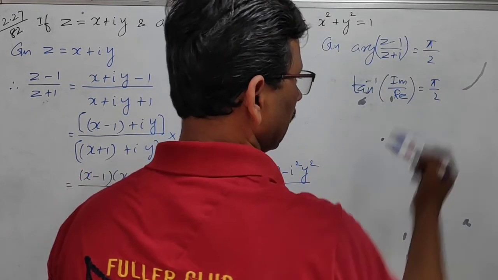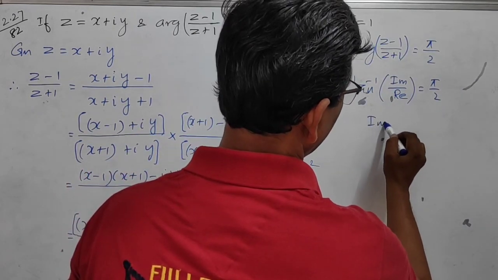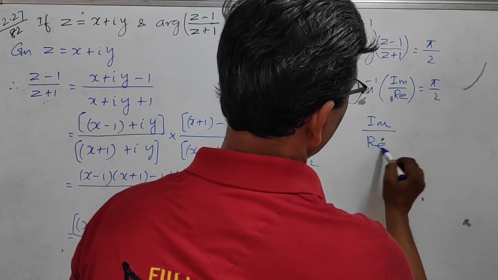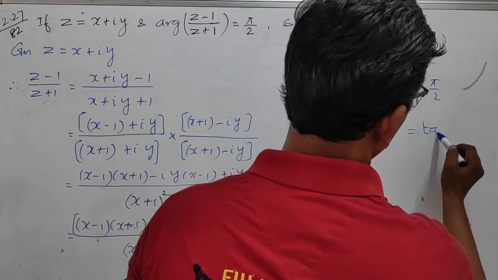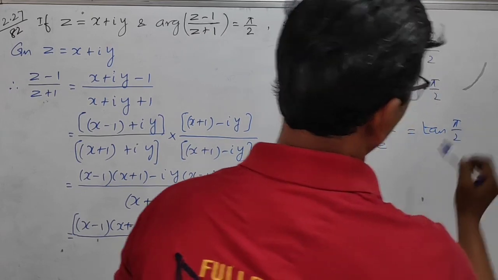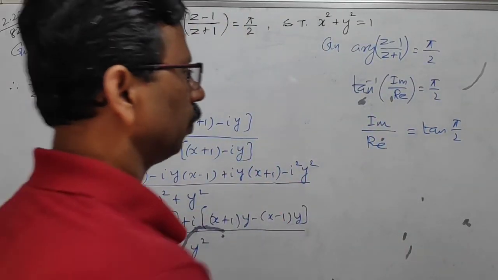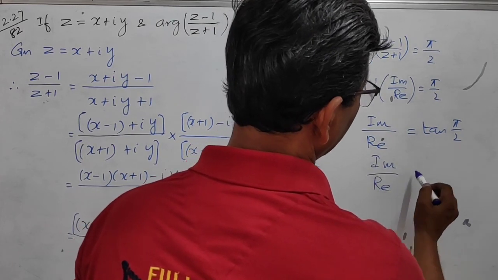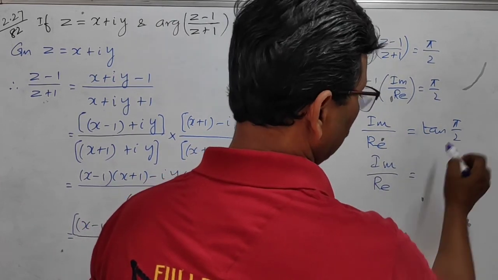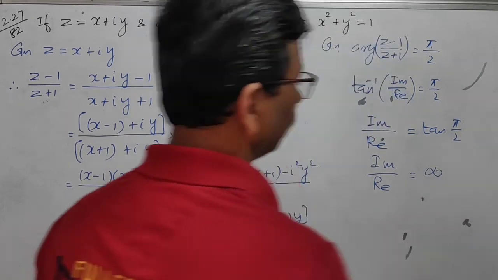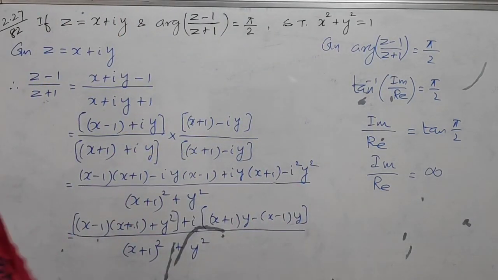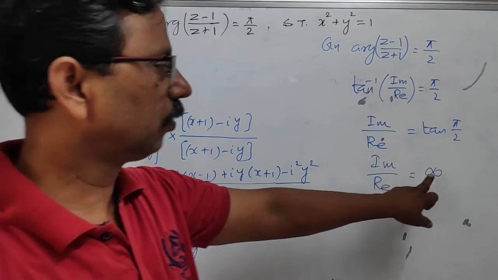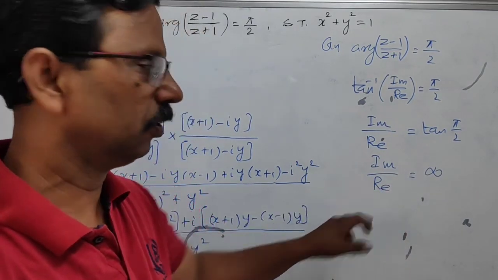This tan inverse can be taken to the right hand side, that is imaginary part by real part is equal to tan pi by 2. Tan pi by 2 is what? Indeterminate. This fraction gives the result indeterminate, meaning the denominator must be 0.